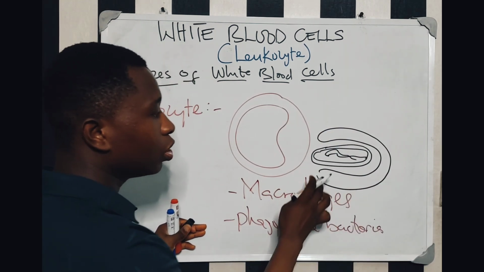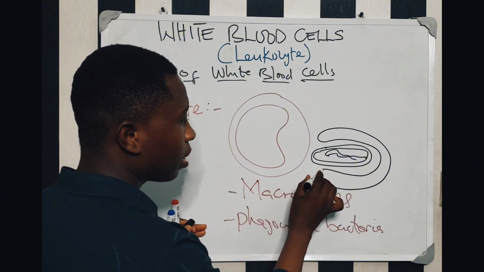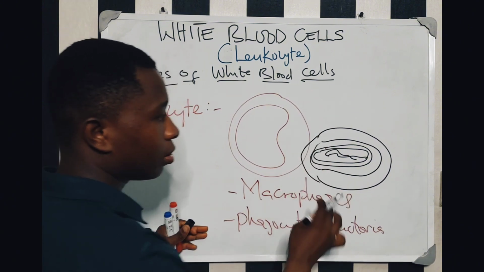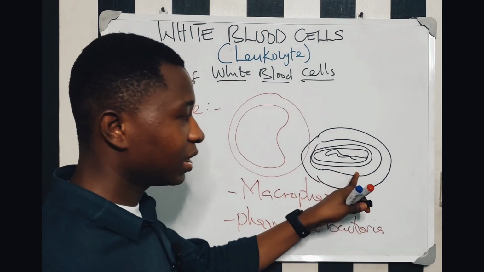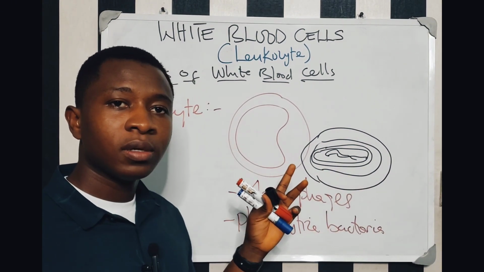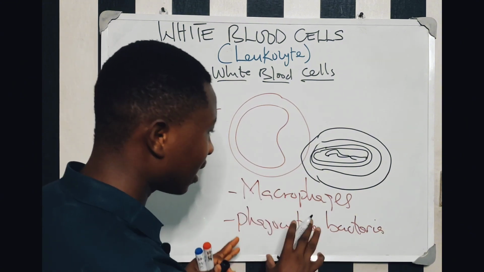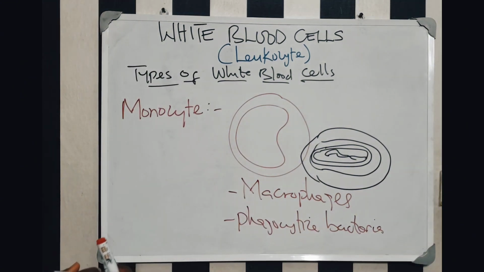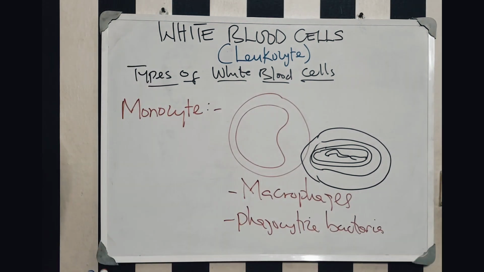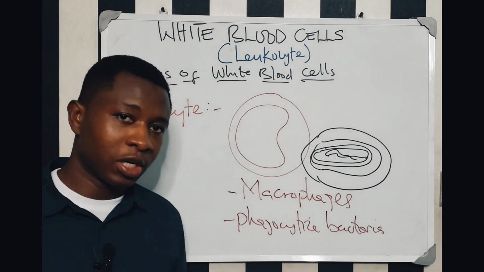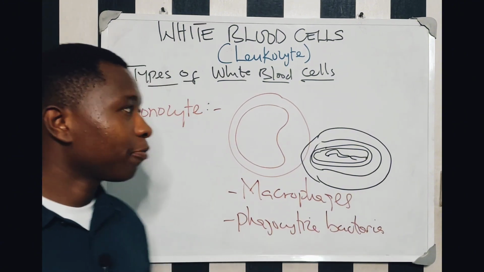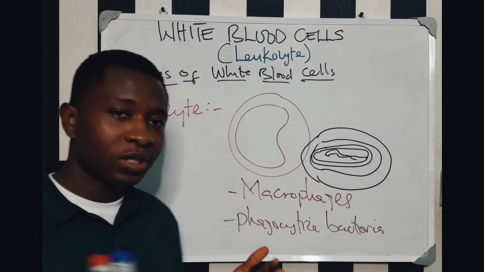Now the engulfment continues until this point meets with this point, and the bacterial cell is now inside the macrophage. Okay, so that is how the monocyte works. Its function is phagocytosis. It phagocytizes bacteria. So these are the types of white blood cells.